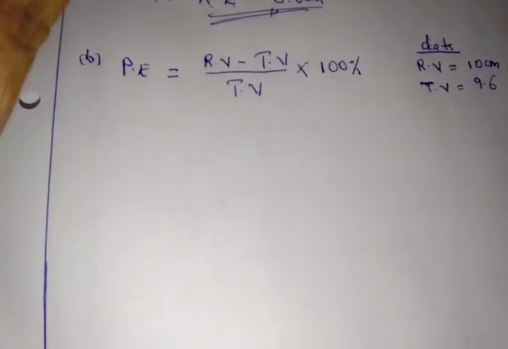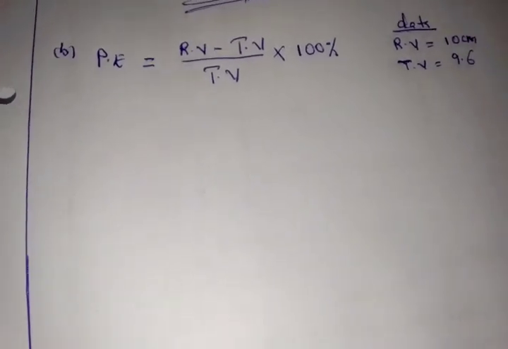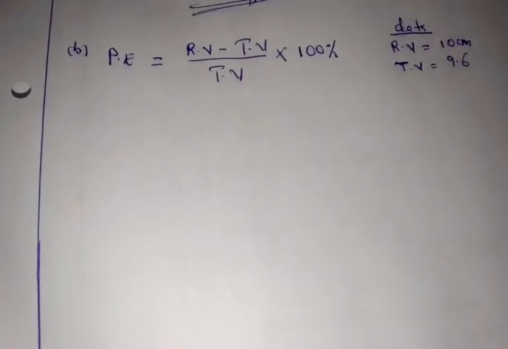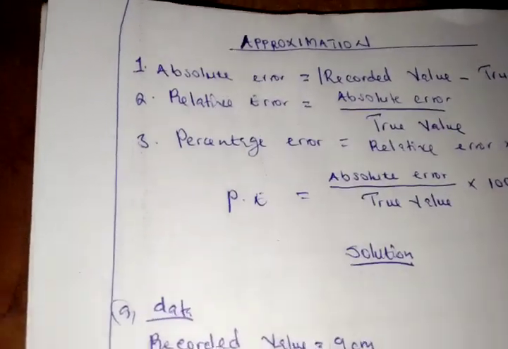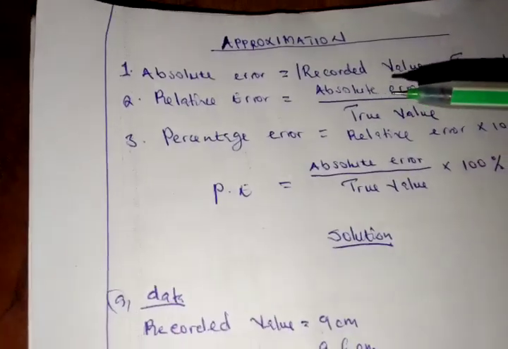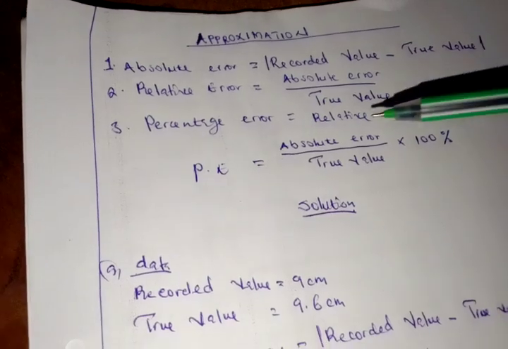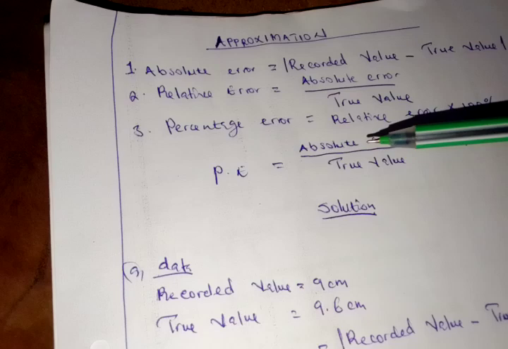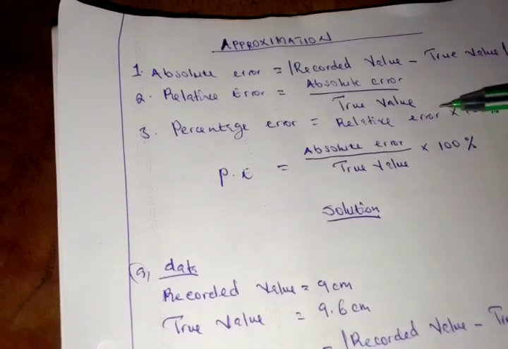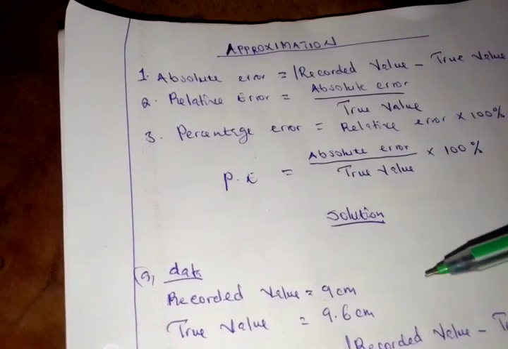Okay, so this is the formula which we're going to apply. We don't know the absolute error, so we can't use this one here because it will take time. We can't use this one here because we don't know the relative error. Again, we cannot use this one because we don't know the absolute error.